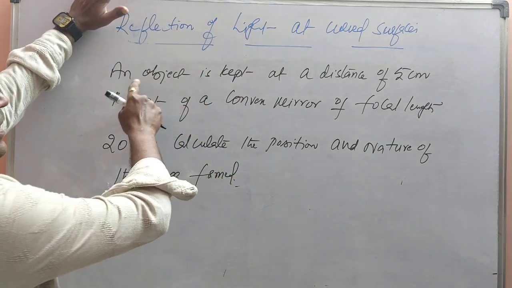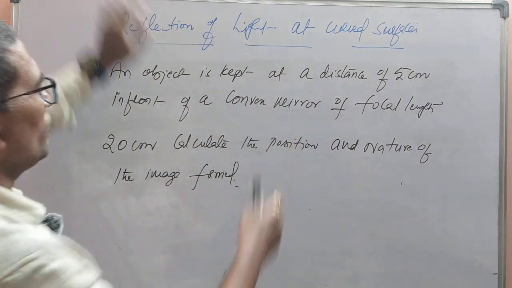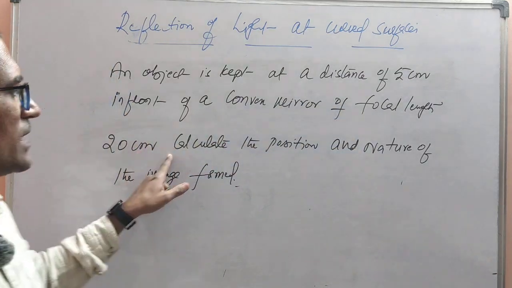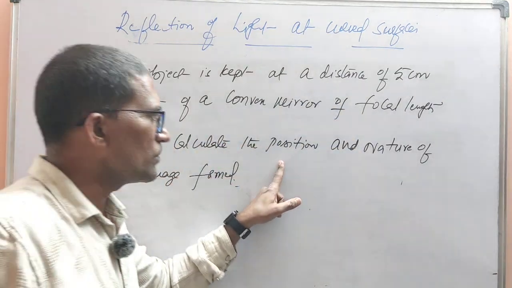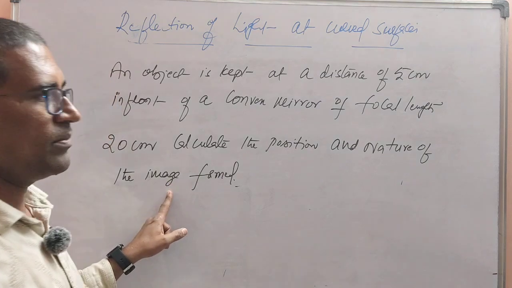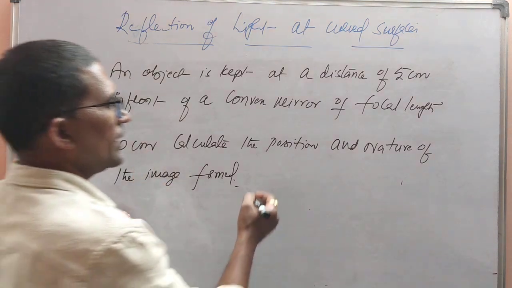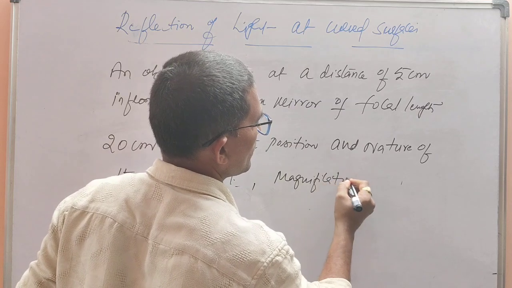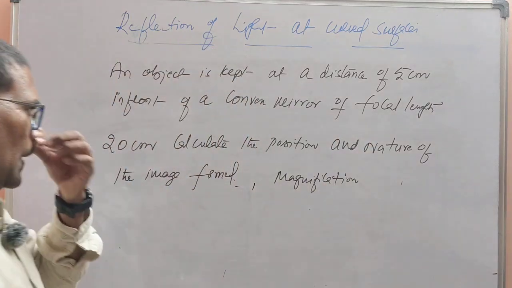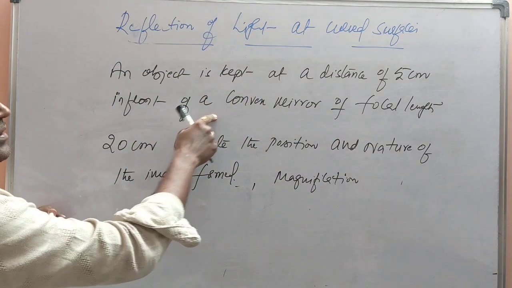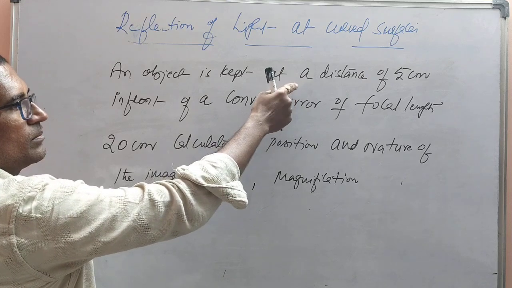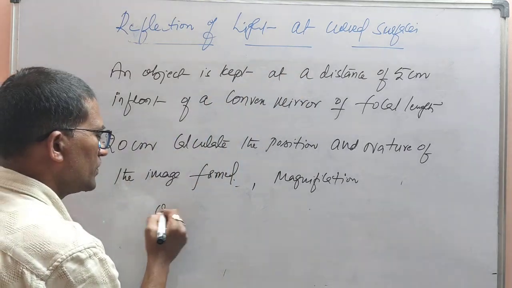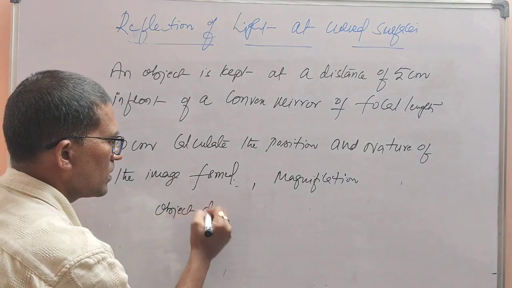Now an object is placed at a distance of 5 centimeter in front of a convex mirror of focal length 20 centimeter. Calculate the position and nature of the image formed. Even we can calculate magnification also.